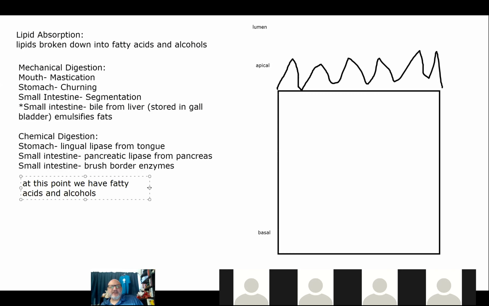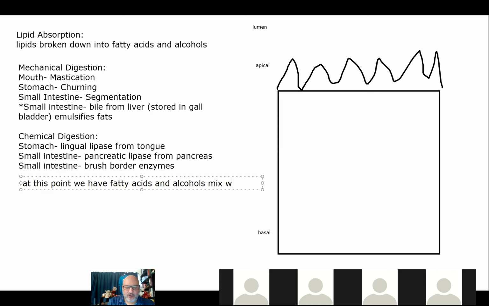And what happens is these fatty acids and alcohols mix with the bile salts. When they mix with the bile salts, they become these small structures known as micelles. Oops, that's supposed to be form.